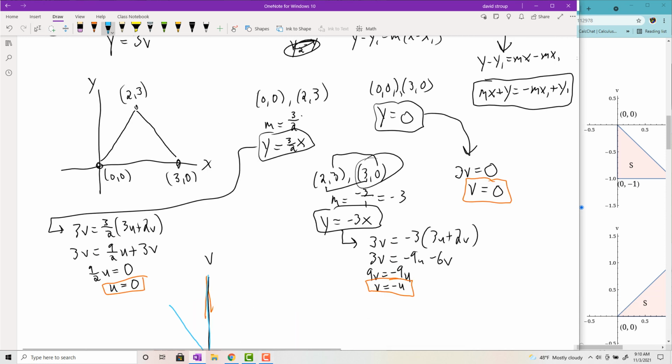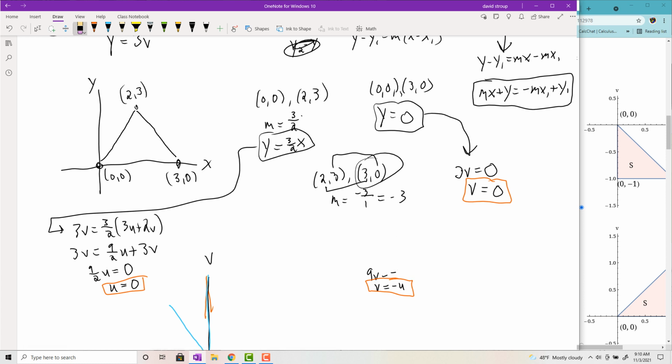Okay, I found it. It's right here on this equation. So this guy should be, instead, y minus 0 equals negative 3 times x minus 3. There it is. So this will be y equals negative 3x plus 9, and then do your substitutions.